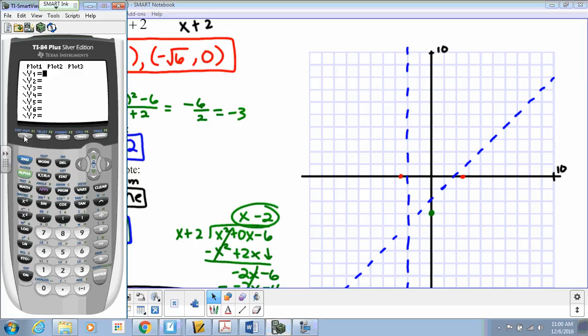Okay, so go to y equals, you need parentheses. So it's x squared minus 6 over x plus 2. Standard window is fine, so you can hit zoom 6.